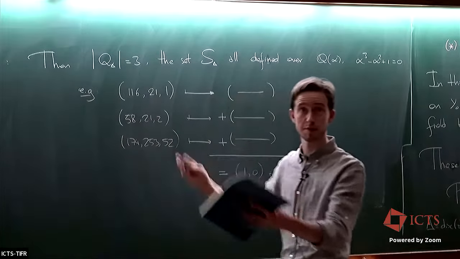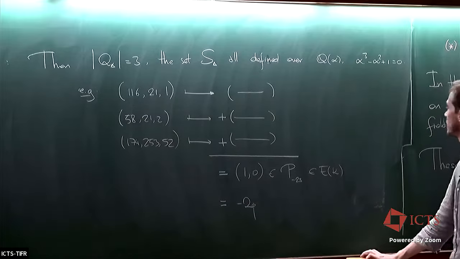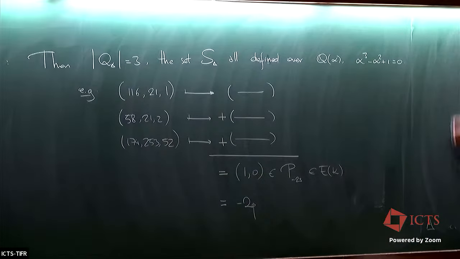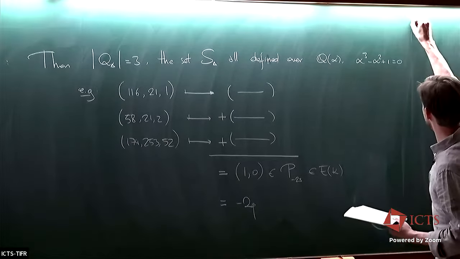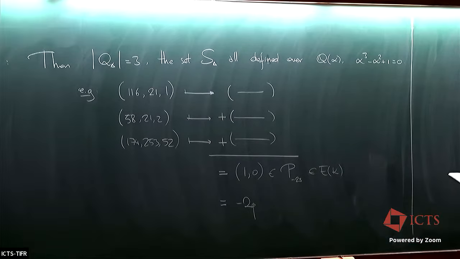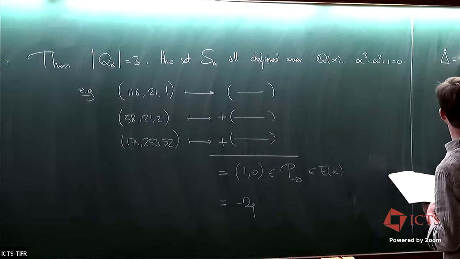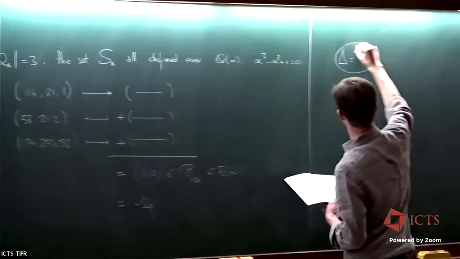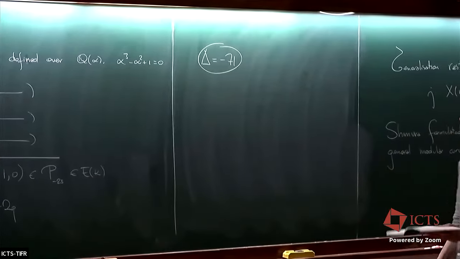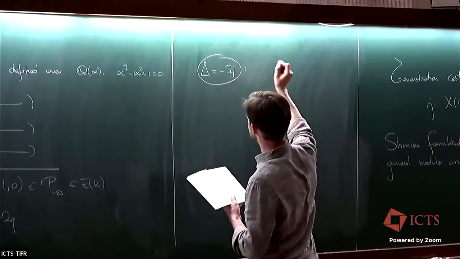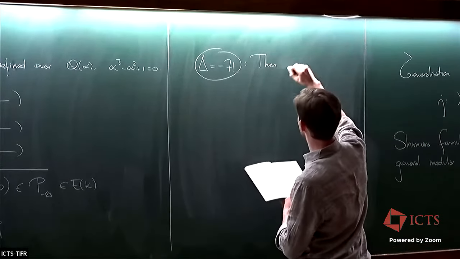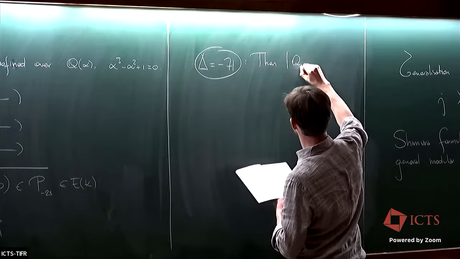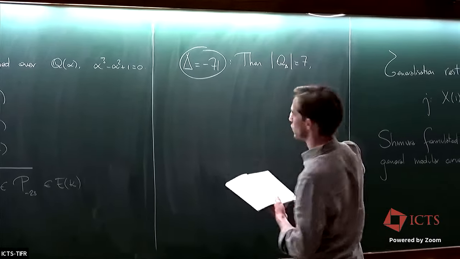Does it always give something of infinite order? There's tons of questions that come up after this kind of calculation. Now, to curb our enthusiasm slightly, I also computed for you delta is -71. Delta -71 has class number 7. So now we find Q delta has 7 forms, and then we get these 7 points.